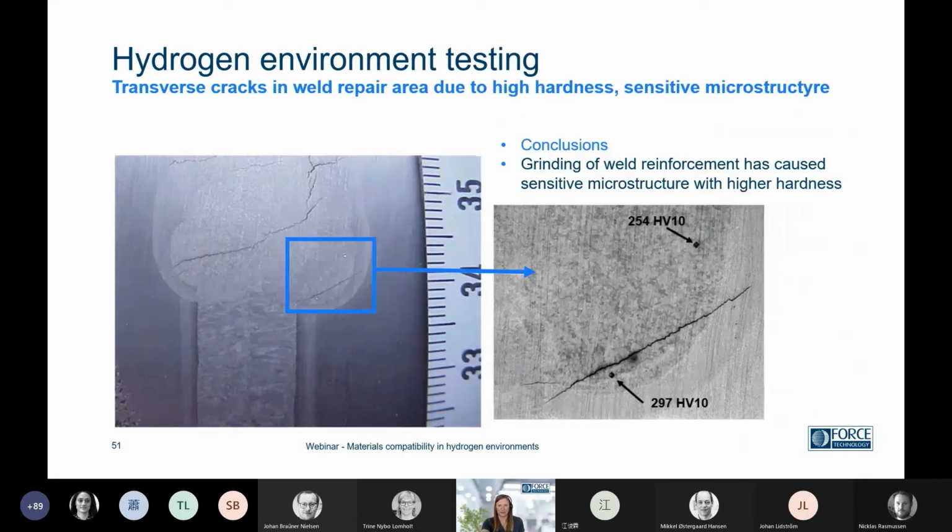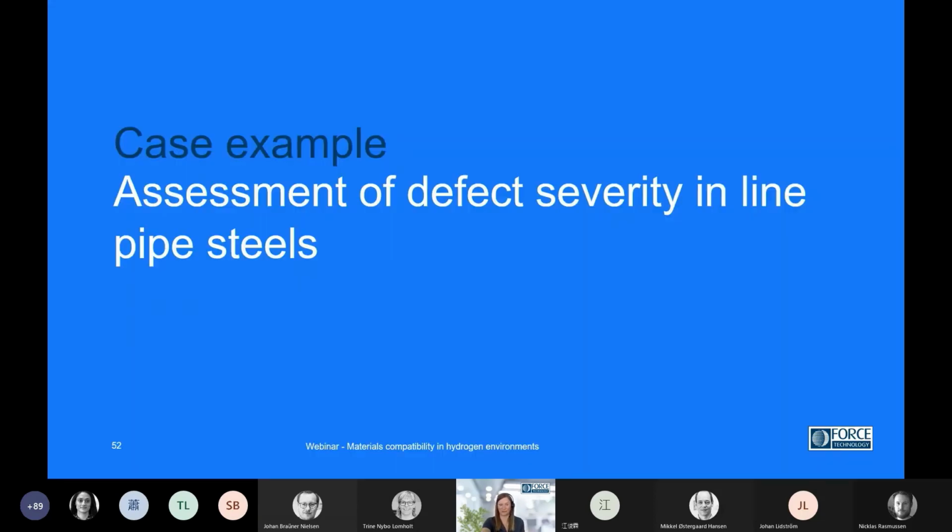And here there's another section displaying hardnesses up to about 300 Vickers. For this test solution, where you have really high hydrogen diffusion, that is enough to cause cracking. So this is an example of a full-scale test. This may not have been shown in a tensile test.